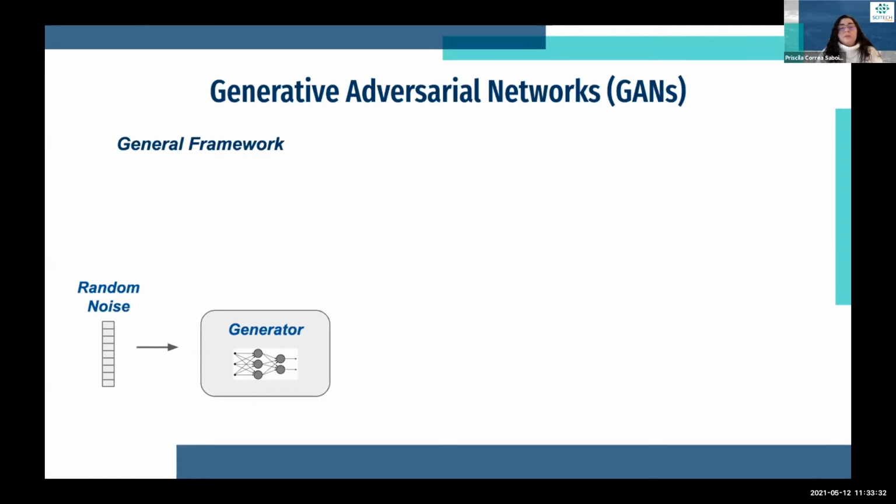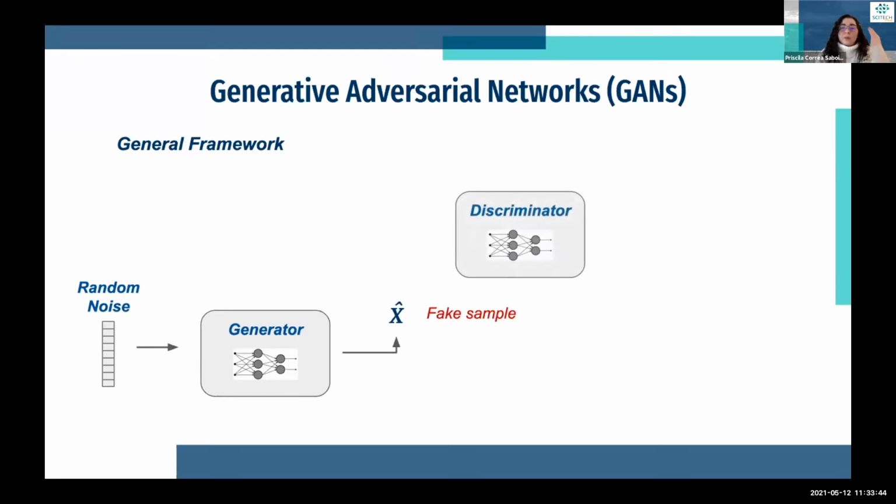We call generator that receives as inputs random noise, and then we have X hat that is, in this case, an image that's a fake sample, and then we have another classification, another deep convolutional neural networks called discriminator, and then we have also as input for this discriminator real samples of X. So as inputs of the discriminator, we have Y hat that will, in this case, be a class that will say that the image came from the generator or came from the real data set.